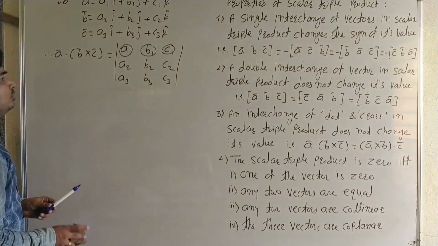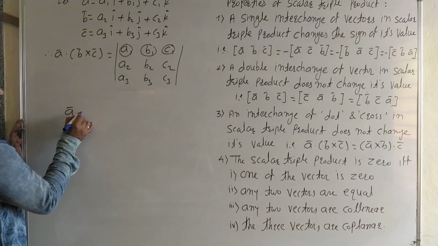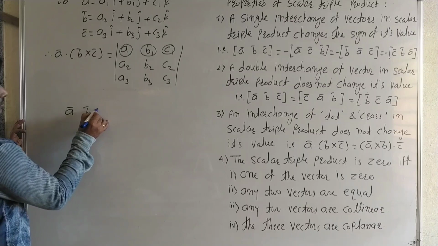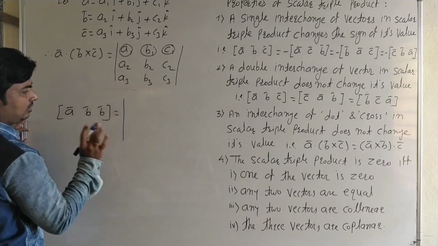Okay, again here we know the property of the determinant, any two rows of the determinant.